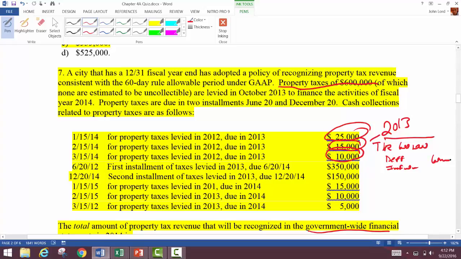What do you want me to do in 2014? As soon as the clock strikes 12 midnight on January 1st, 2014, what do you want me to do? Debit the deferred inflow for the 600,000. Credit what? Credit the revenue for 600,000, right?